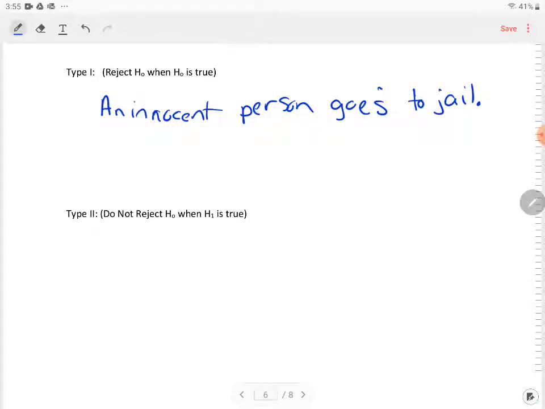Type 2: do not reject H0 when H1 is true. So the person is guilty, but we do not reject it. So the guilty person goes free.